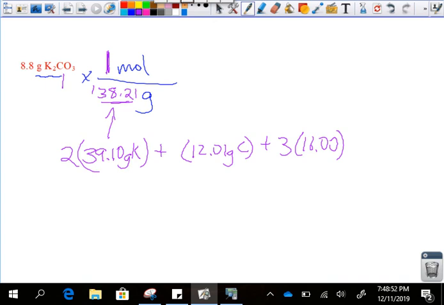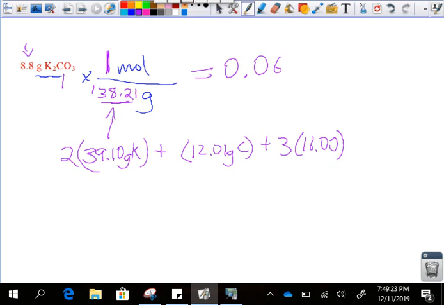So all I've done right now is set up the problem. Now it's time to actually solve the problem. 8.8 grams is a whole lot less than 138.21, so it's way less than 1 mole. So I do 8.8 times 1 divided by 138.21, and my space age calculator from the future gives 0.063671224.